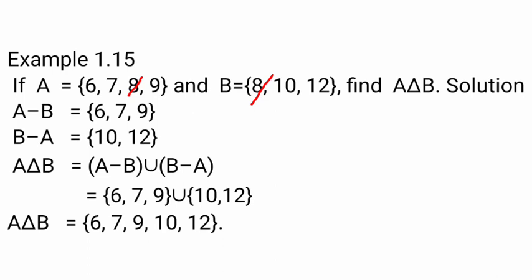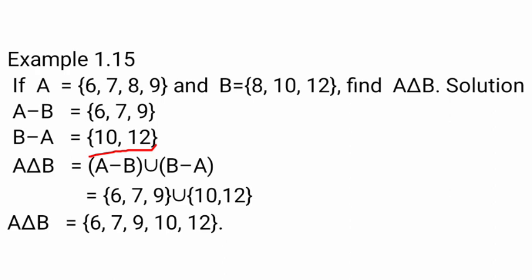Cancel 8. Remaining in A: A minus B equal to {6, 7, 9}. Second, B minus A means cancel the common element and write only B set elements. Therefore, 8 is also cancelled. B's remaining values are 10, 12, that is B minus A.